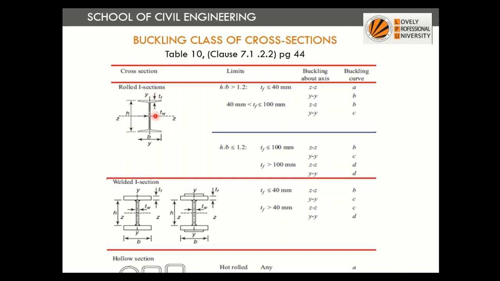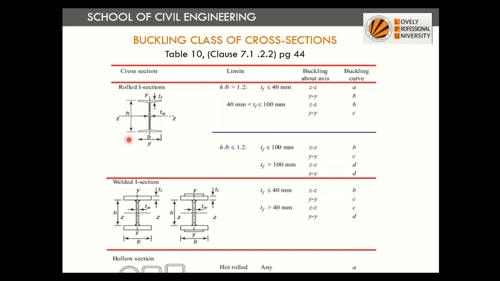Suppose we are using rolled section, then we have to check whether the thickness of flange is less than 40 or it is greater than 40 and less than 100, right? Then we have to compare the value of h by b. What is h? H is the overall height. You can see from the figure. This figure is also given in page 44 of the code. You can open that and then check what is h.